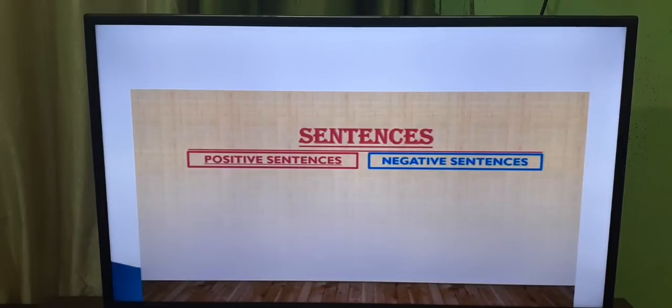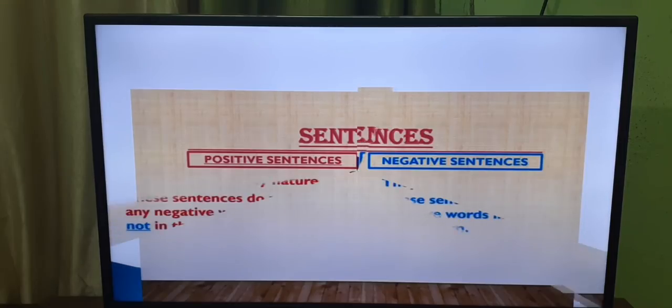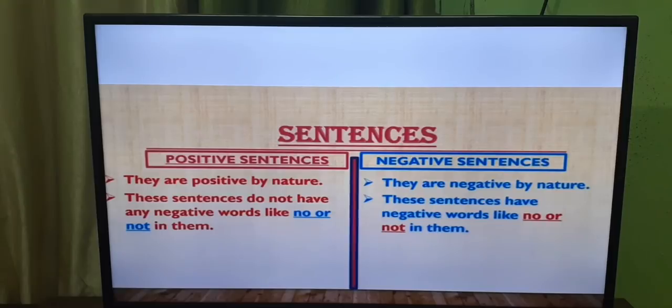Today we are going to learn how to change affirmative sentences into negative sentences. Sentences are of two kinds: affirmative sentence and negative sentence. Affirmative sentences are positive by nature, and negative sentences are negative by nature.